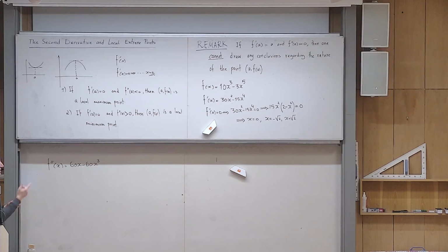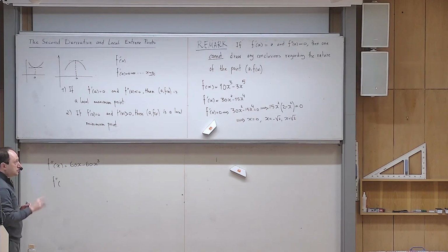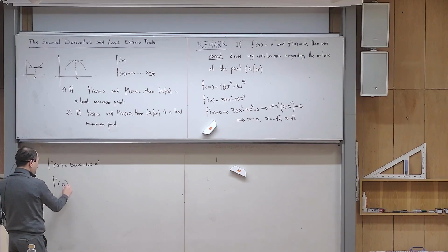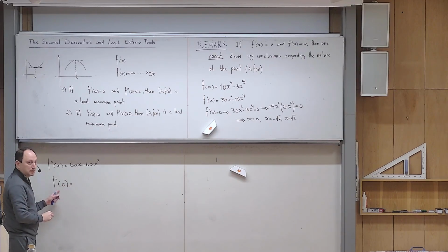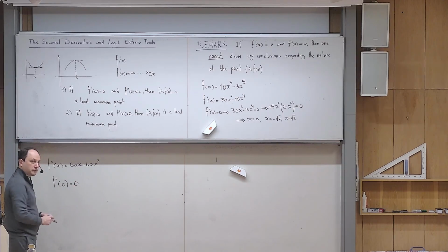Okay, and then that is exactly what I want you to see. If I calculate the second derivative for my candidates 0, minus the square root of 2 and the square root of 2, then an unfortunate thing happens. If I calculate the second derivative at 0, it becomes 0.